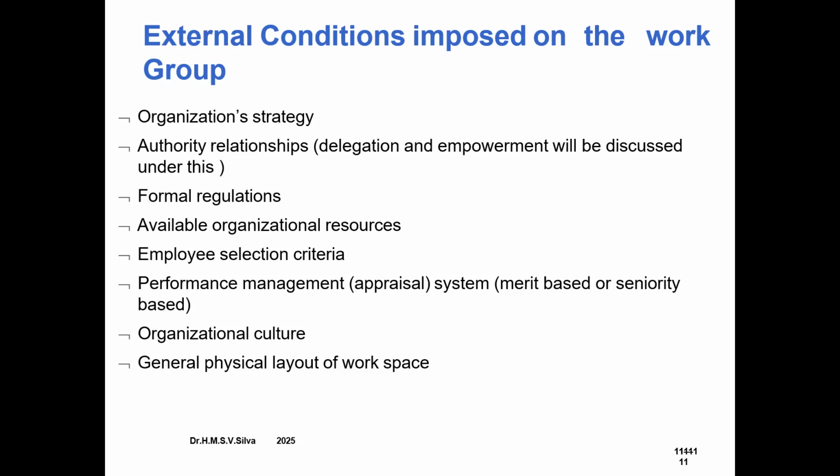We should know what the organization strategy is. According to it, we should decide the nature of the work group or team, because they are the people who are going to put this strategy into action.